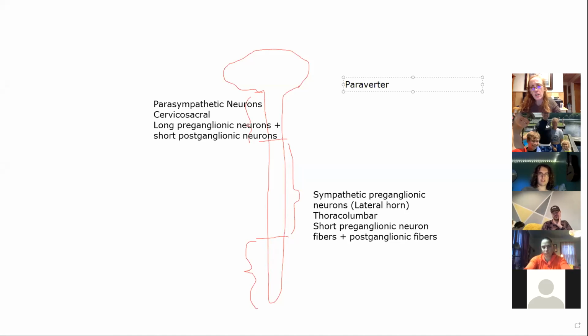Vertebral ganglion. It's also called the sympathetic chain ganglion.